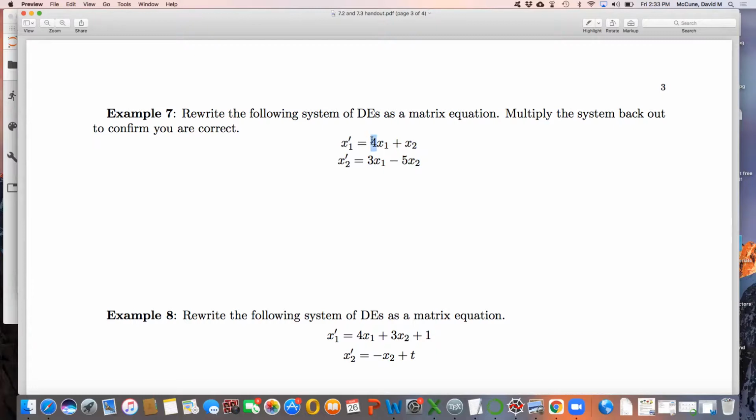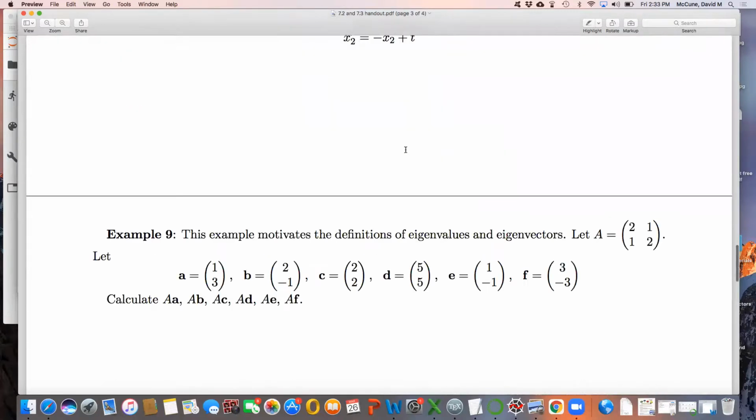The coefficient matrix, so 4, 1, 3, -5. Now, of course, it's not obvious why that would be true at all. What does stretching vectors but not rotating them have to do with anything? What does that have to do with this calculus problem? And the answer is, get off my back for a second, right? You'll see on Monday. We only have so much time today.